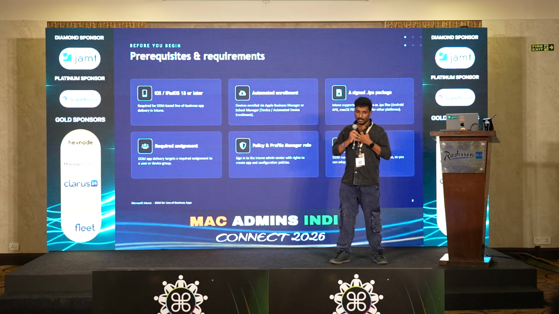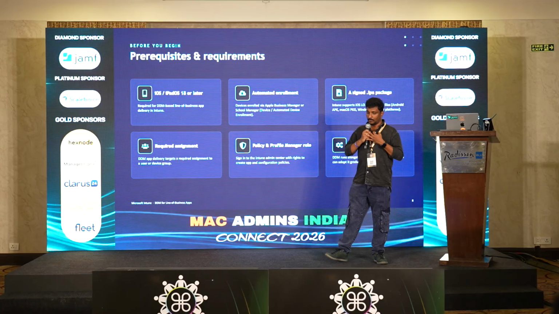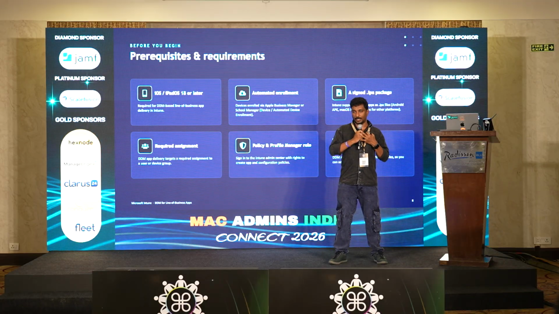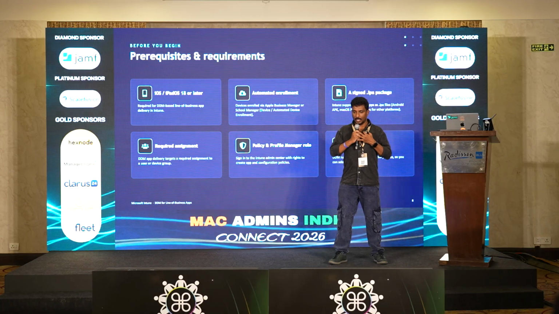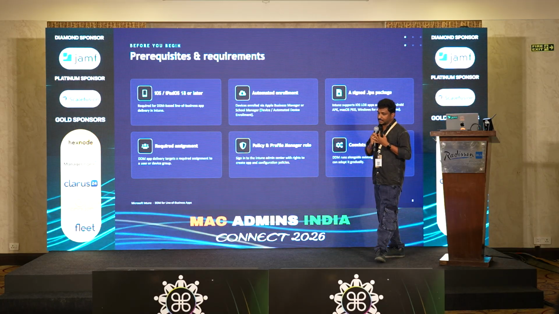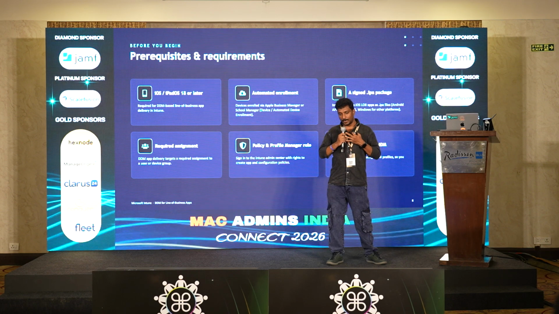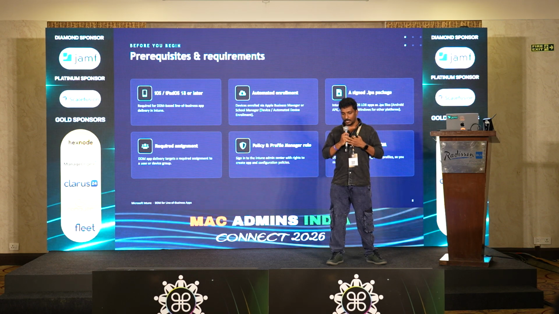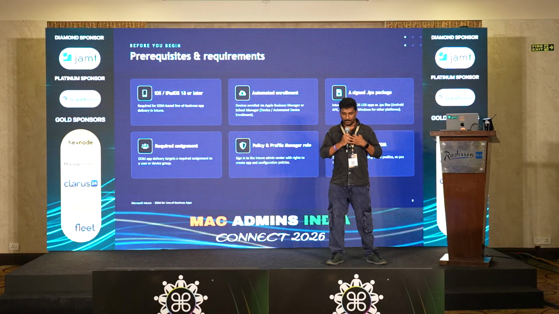The device should be configured with automated enrollment, so it should be enrolled through Apple Business Manager or Apple School Manager. You should also have a signed IPA file. LOB applications on iOS and iPadOS work with an .ipa file, so you should have a valid IPA file to do this deployment.